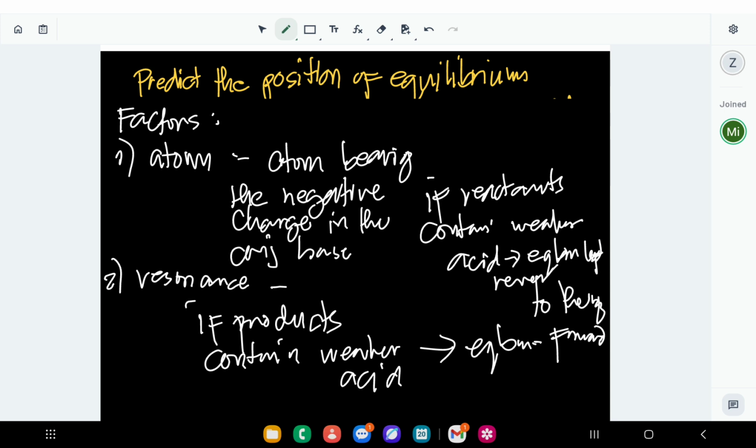Which one has a weaker acid, the product side or the reactant side? CH3CH2 minus, so it's ethyl. That one loses a proton when you have water, so it should go forward.